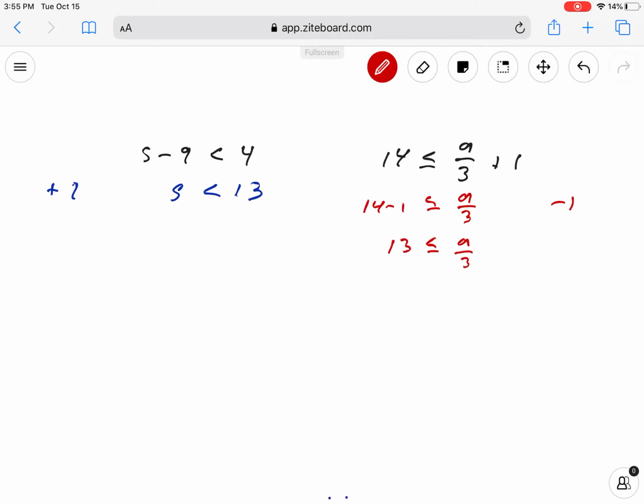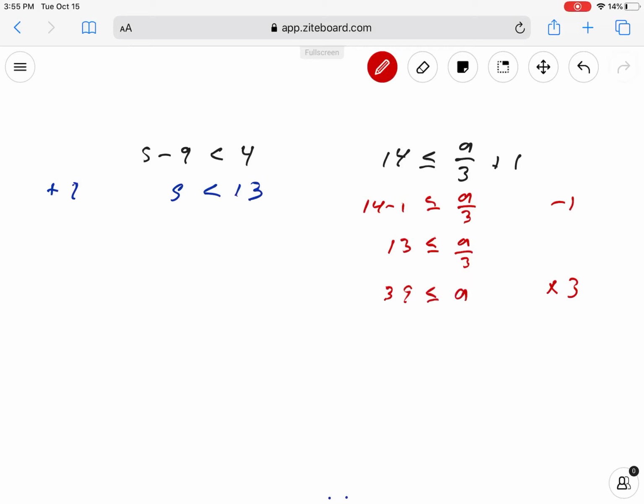And then I want to multiply both sides by 3. I'm dividing a by 3, so I need to multiply both sides by 3. And this gives me 39 is less than or equal to a.